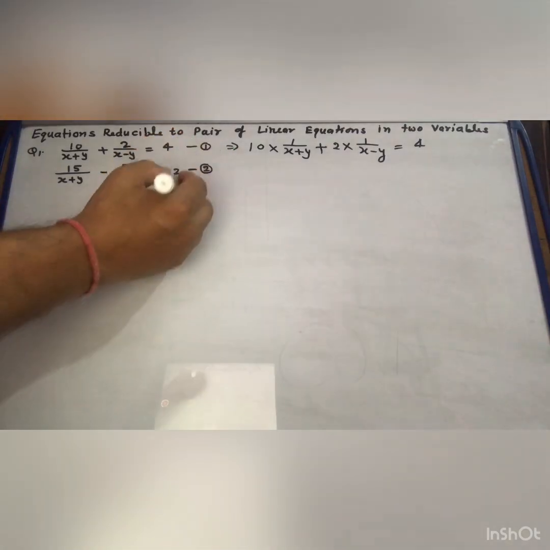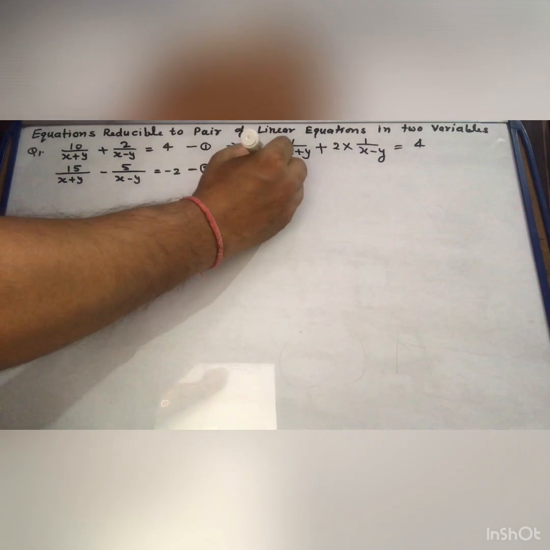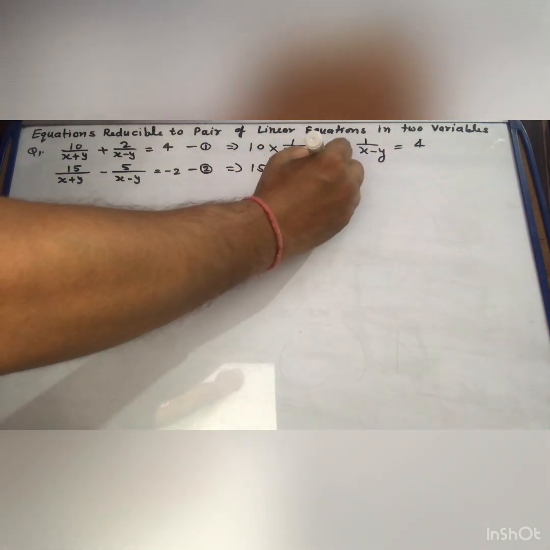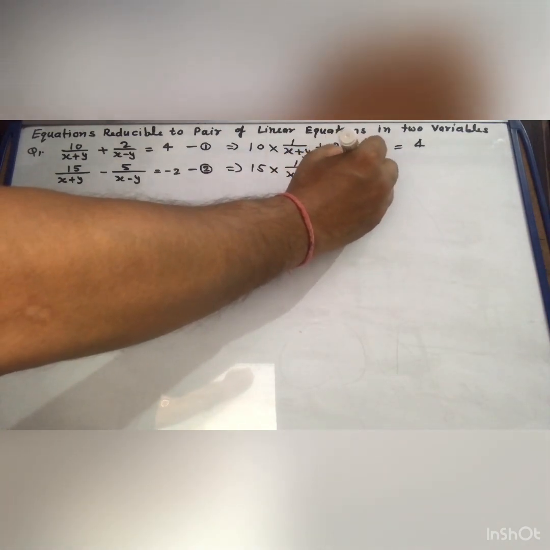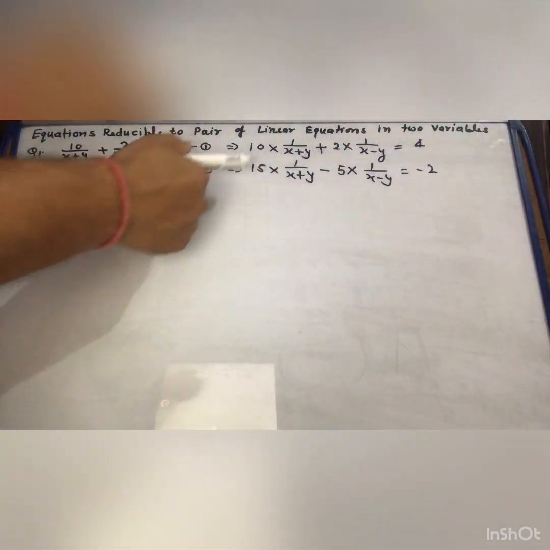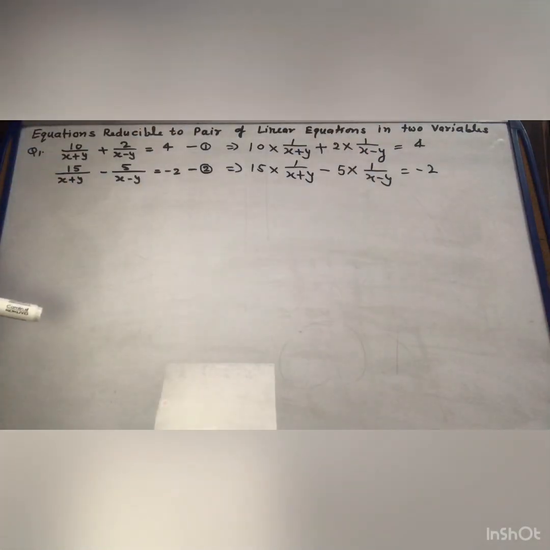And the second equation you can write as 15 into 1 upon x plus y minus 5 into 1 upon x minus y equal to minus 2. Clear? Because 10 into 1 is 10 upon x plus y, 15 into 1 is 15 upon x plus y, and this is 2 into 1 upon x minus y, and minus 5 by x minus y equal to minus 2.